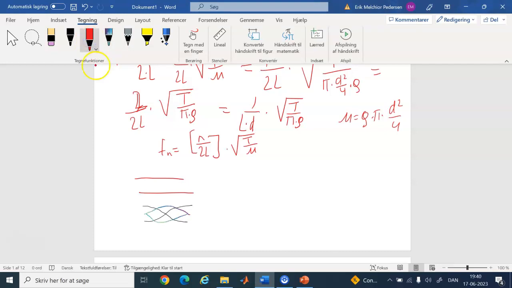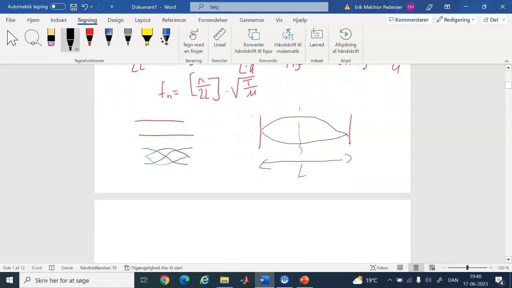Now we have a string here, attached at both ends, and this is the length L. This is a half length.